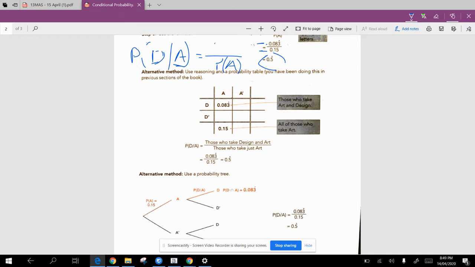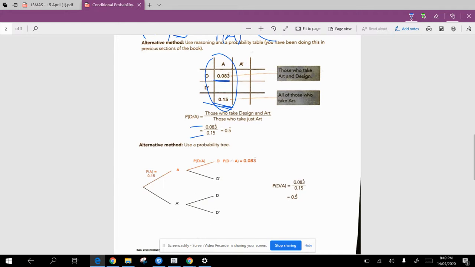We know that the probability that they take art is 0.15. We know the probability that they do art and design, and basically we're doing it like we did before. So we're just looking at the art column. So the probability that they do design and art is 0.083 divided by the total probability there, which is 0.15. Another way of doing it.